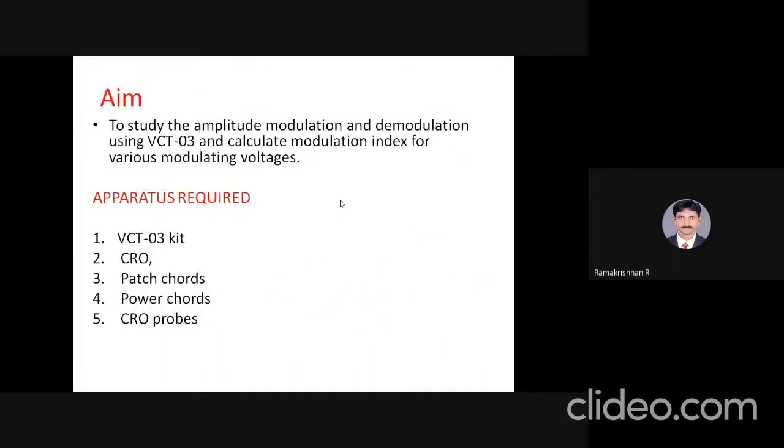Aim of the experiment: to study the amplitude modulation and demodulation using VCT03 and calculating the modulation index for various modulating voltages. Apparatus required: VCT03 kit, CRO 30 MHz, patch cards, power cords, CRO probes.